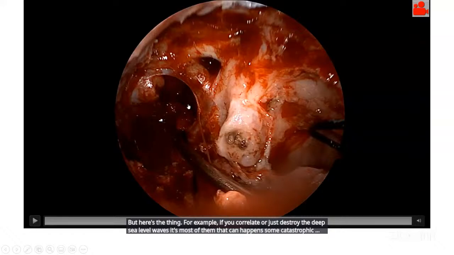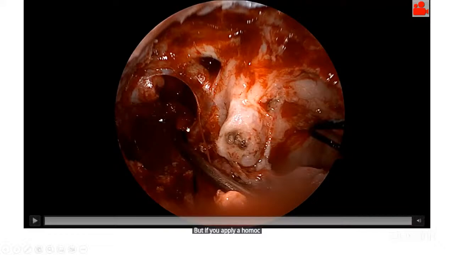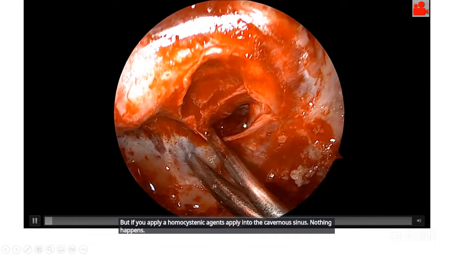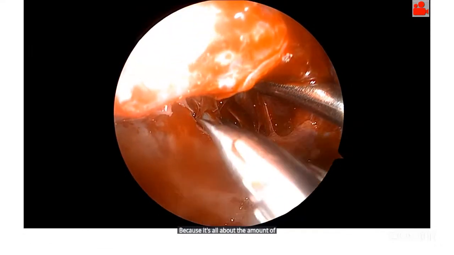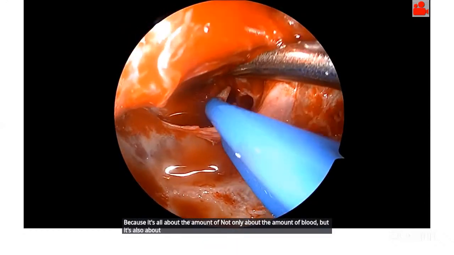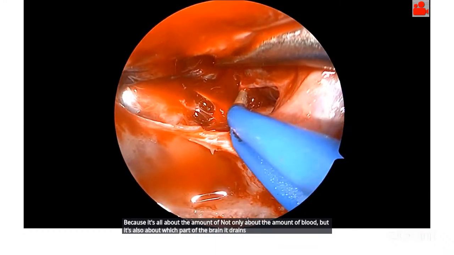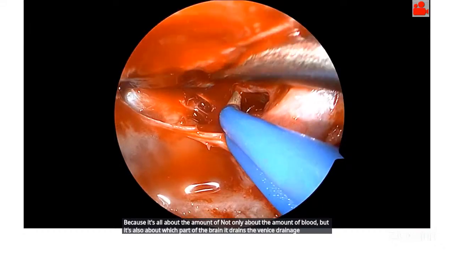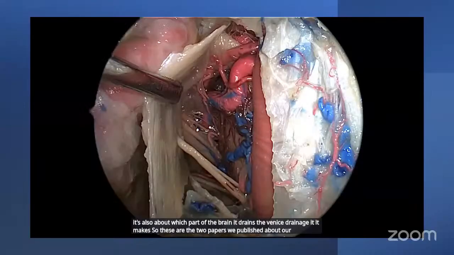But if you apply a hemostatic agent into the cavernous sinus, nothing happens, because it's not only about the amount of blood, but also about which part of the brain it drains, the venous drainage it makes. So these are the two papers we published about our cavernous hemangioma resections.